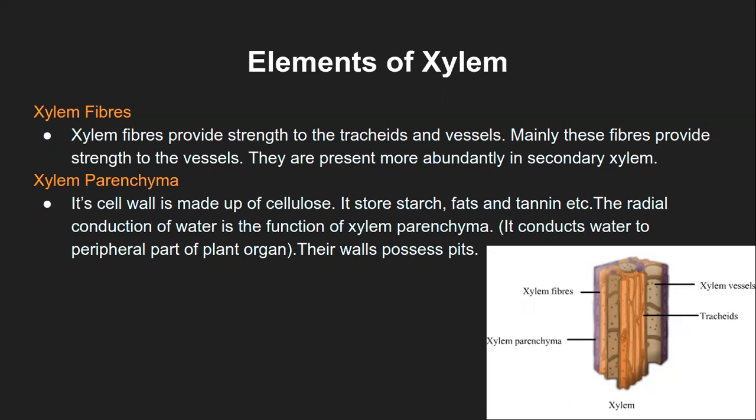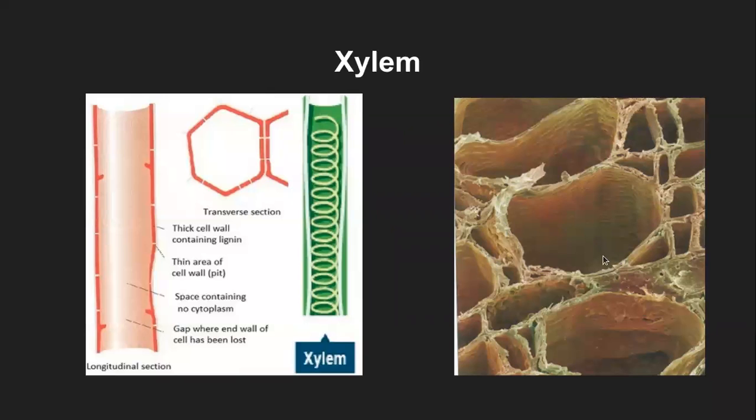What we usually remember is conduction of water, xylem. So we just tick xylem, or write only xylem. But when we talk of radial conduction, across the radius of the xylem tissue, then it is xylem parenchyma specifically.